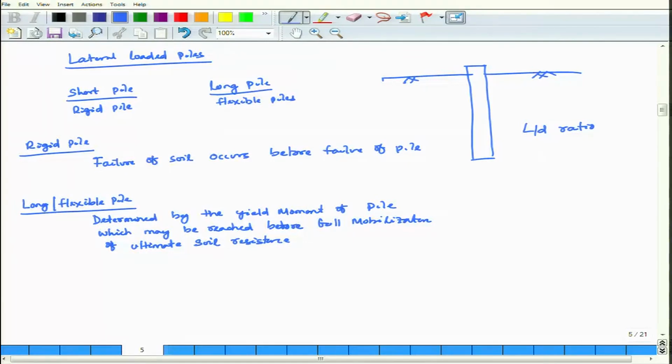What does it mean? That means the pile fails earlier than the soil. In a rigid pile, soil fails earlier than the pile.